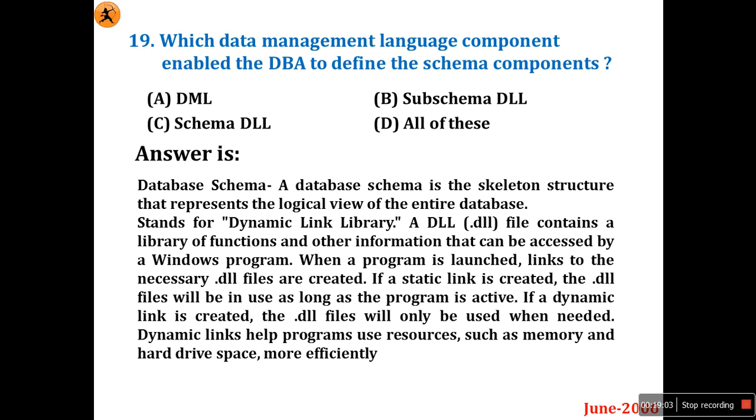If a static link is created, the DLL files will not run as long as the program is active. If a dynamic link is created, the .dll files are only used when needed. Dynamic links help programs use resources such as memory and hard drive space more efficiently. For this question, the 19th option is C.